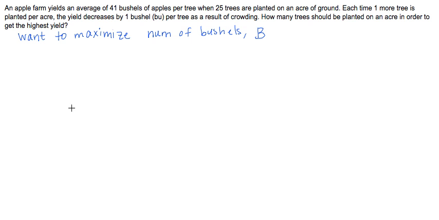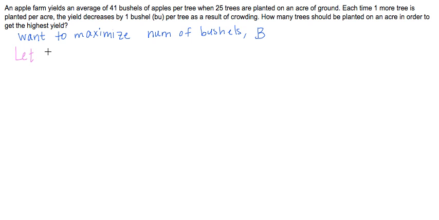So the way to define your variable to make this, I guess, the easiest is to focus on this sentence right here. It says, each time one more tree is planted per acre, the yield decreases by 1 bushel. The idea is it's implied that we're probably going to plant more trees, even though it decreases the number of bushels per tree.